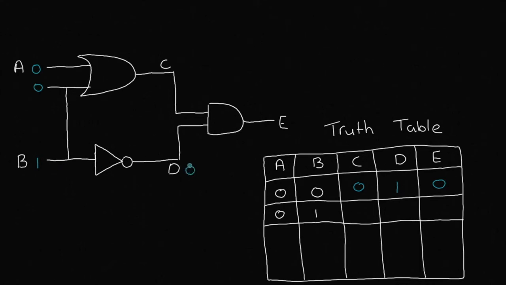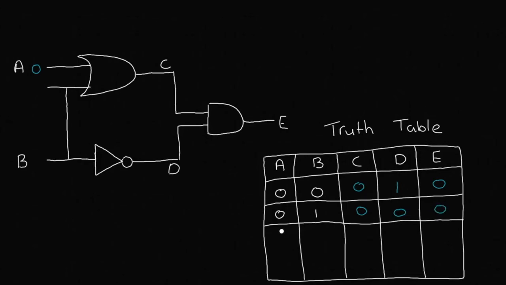So D becomes a 0. With our OR gate, both of our values are still 0, so C will also be 0. We can bring this down here if we want, but by looking at this, 0 and 0 passed through an AND gate will give us our output as 0. So to fill this in, we can see that C is 0, that D is 0, and E is 0.